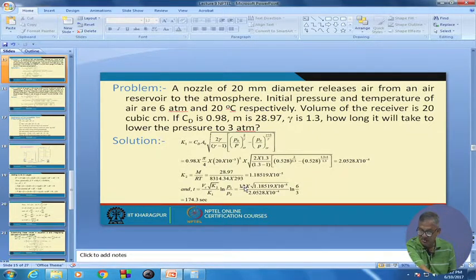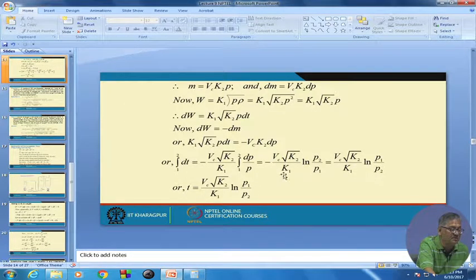So, that is why our thing was coming so low, 20 cubic centimeter we have taken, but here in the problem actually we have taken 15 meter cube, right, 15 meter cube into this root K2, that under root 1.18519 10 to the power minus 5 it was, so divided by K1, that is 2.0528 10 to the minus 4 ln of 6 by 3, P1 by P2 or P0 by P. This should not be P0 by P, this is P1 by P2 in the T expression which we got earlier, right, here perhaps this P1 by P2, okay.